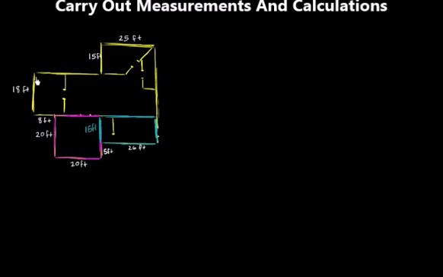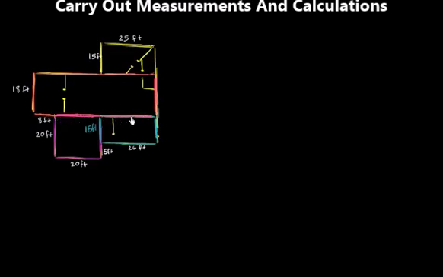Now let's add another rectangle. We could have one that's 18 feet long and goes the entire length of the house like that. And you might say, wait, how do we figure out the width of this rectangle? Well, we know that this is 8 feet, this is 20 feet, and this is 26 feet.